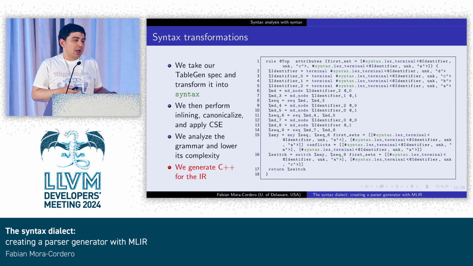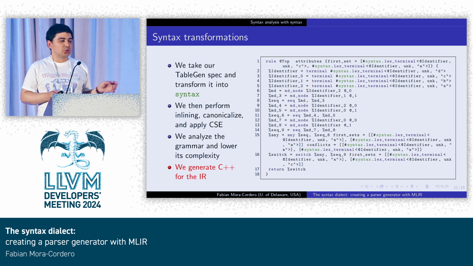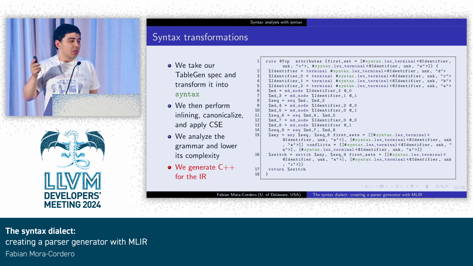So for example, in this case, this is materialized on the IR by having switch and any expressions. So if you remember, the initial parsing rule was A and B, or A and C, and the other one was C and D. So in this case, the analysis determined, hey, you can actually switch and fully determine which branch you are going to take based on the first token.